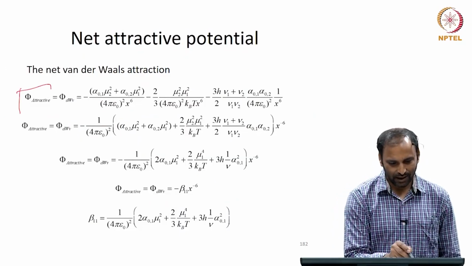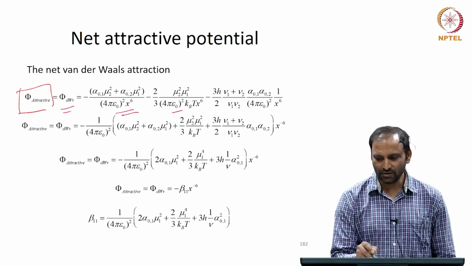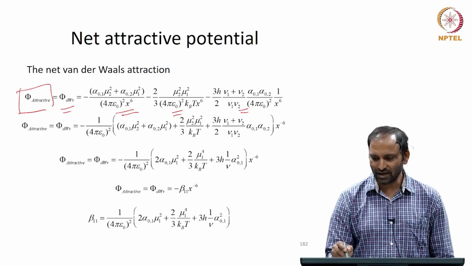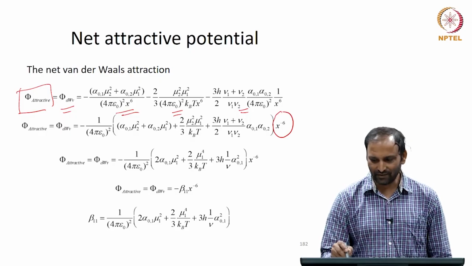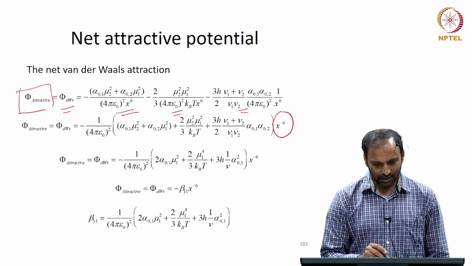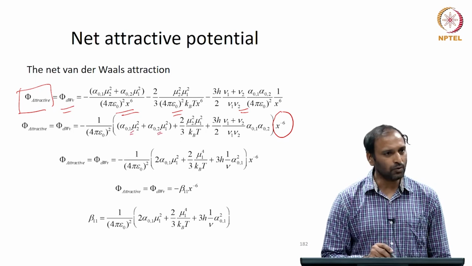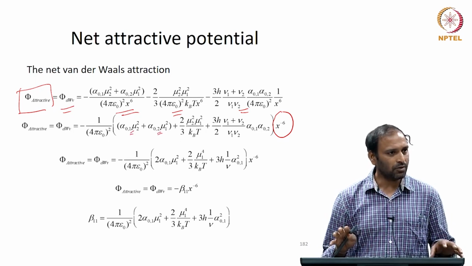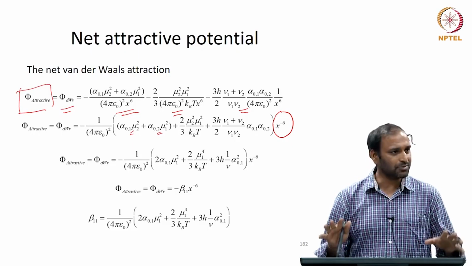So, this phi attractive or phi van der Waals is essentially the summation of the 3, because everything has 1 over x power minus 6 dependence. I have taken x power minus 6 out here, and this 1 and 2 correspond to 2 atoms or 2 molecules.